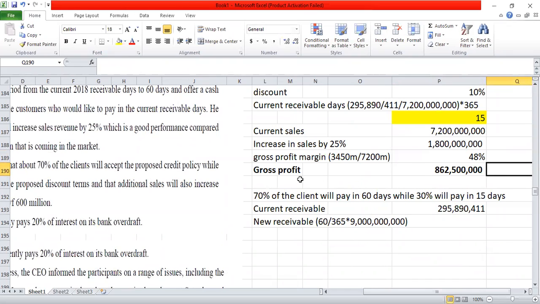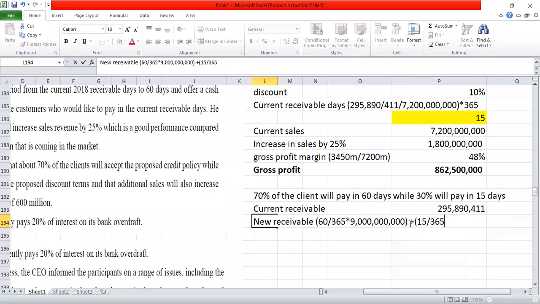We are looking at the new receivables. The new receivables will be 60 over 365 times the 9 billion, which is the new sales after introducing the new policy, plus 15 over 365 times the 9 billion.